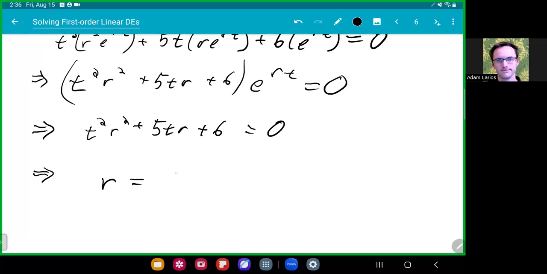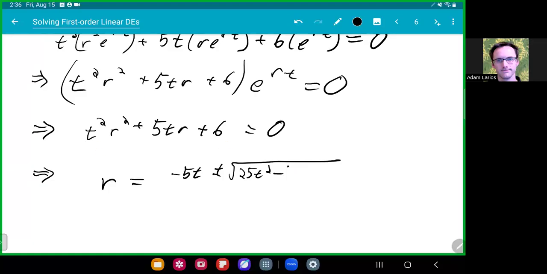So here, r is minus 5t plus or minus the square root of b squared, which is 25t squared, this thing squared, minus 4ac, so it's going to be minus 4 times t squared times 6.